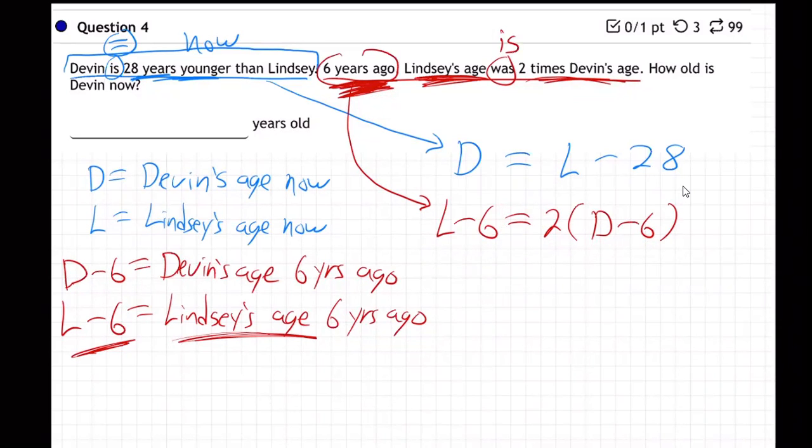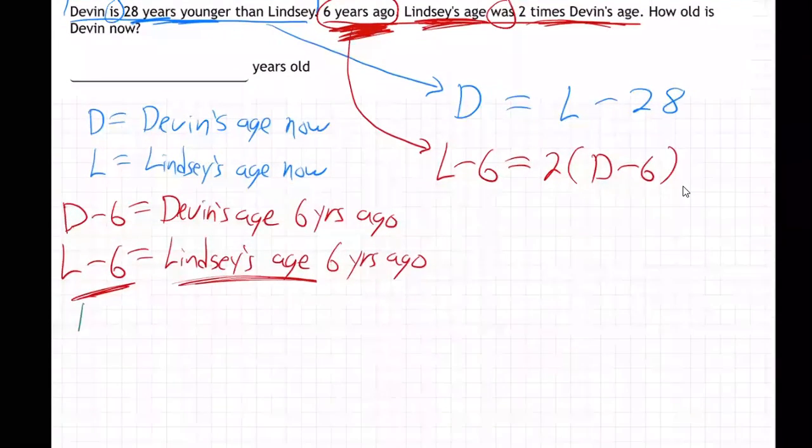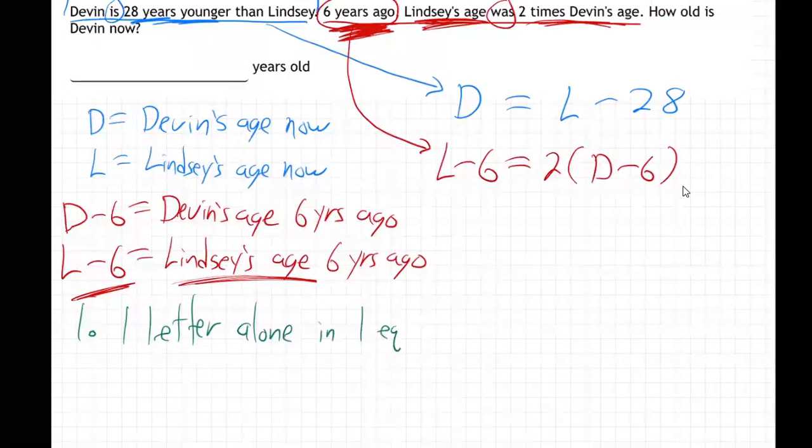So there we go. Same thing again. We've got our 2 equations with 2 letters. So you know the drill at this point. So I'll bring it down here, I guess. Step number 1, 1 letter alone in 1 equation, which we've already got.